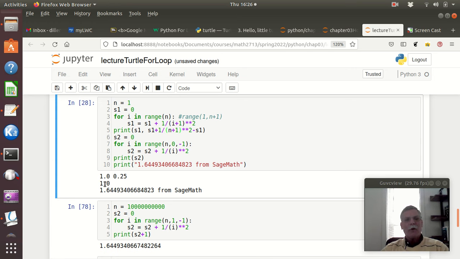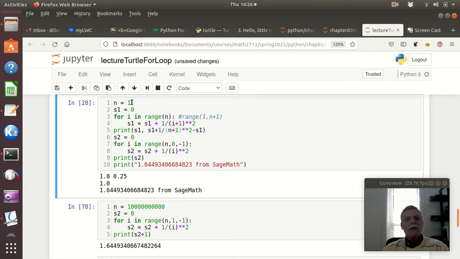we got 1 in both cases. The number we're looking for is 1.6493406 and so forth. So that was 1, so I should have gotten 1. And the next number should be 0.25 more that I add to that. And that's right, because that's 1 over 2 squared, or 1 over 4.